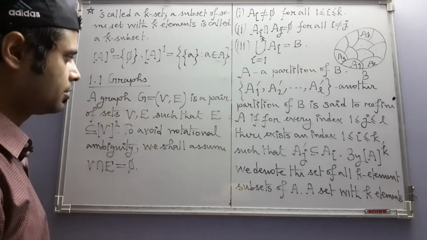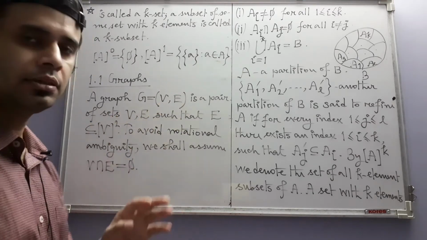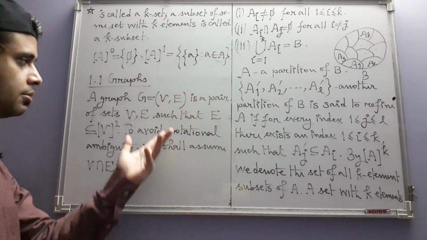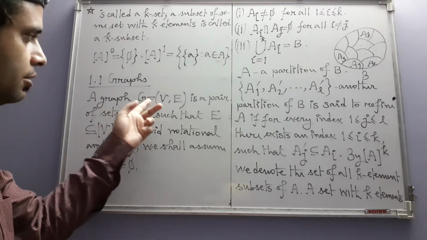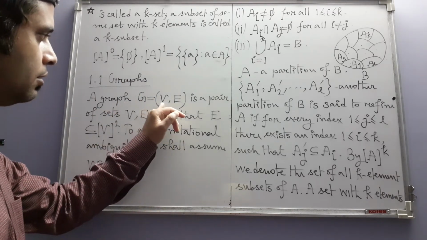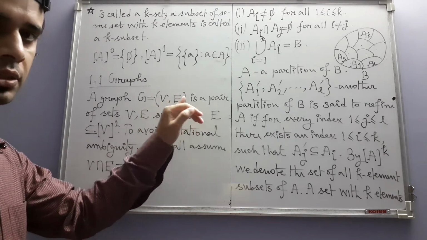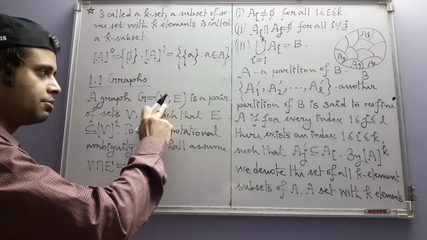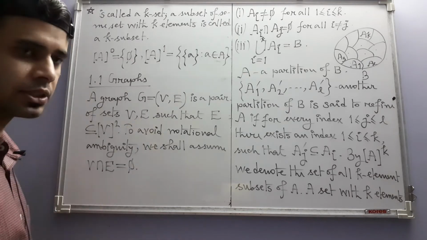By the definition, a graph is a pair of sets V and E. Because we are using round brackets and not curly brackets as we use in sets, this is not an ordinary pair, this is an ordered pair, where what the first set is and what the second set is matters. Okay, so the first set is V and the second set is E. These of course are just some names given to these sets.